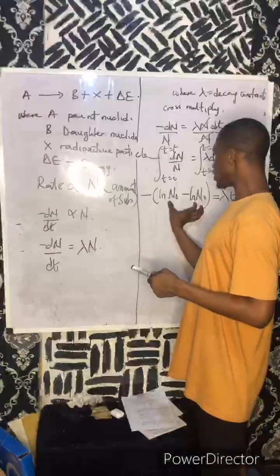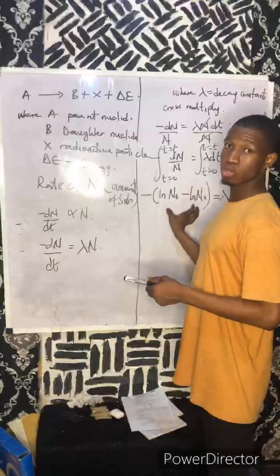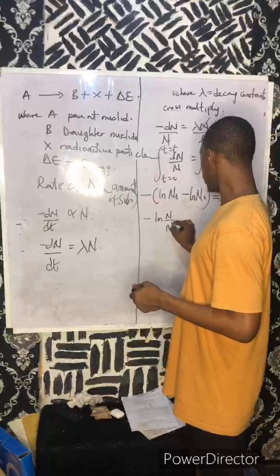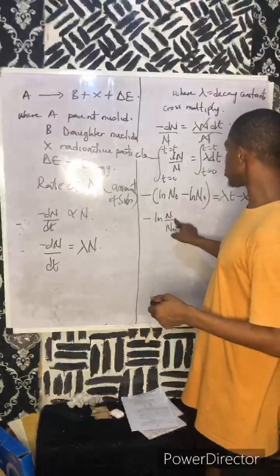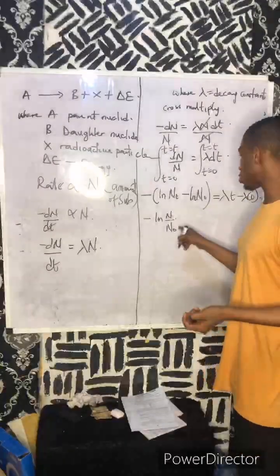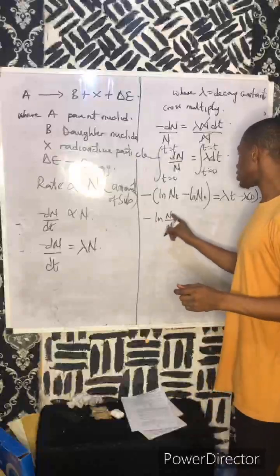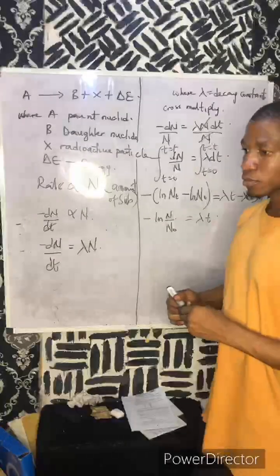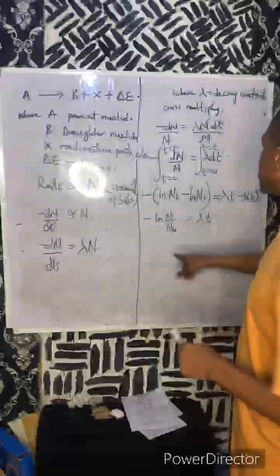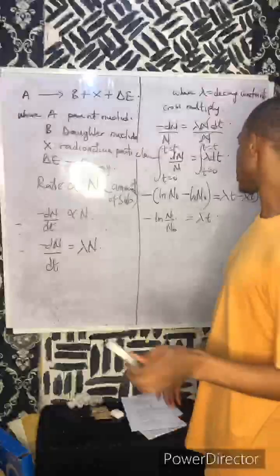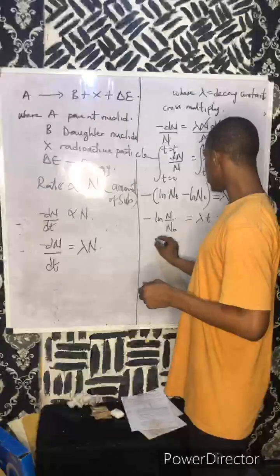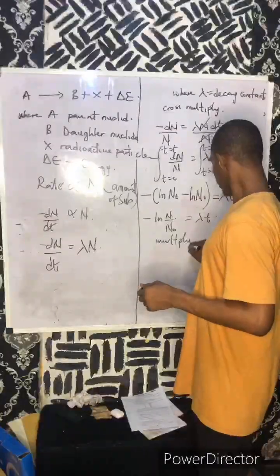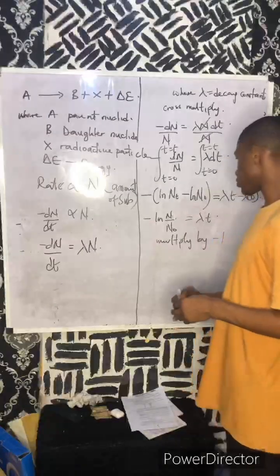Now I don't need to be writing two ln here, it's unnecessary. You can just use one. So by doing that, you say minus ln n over n naught. You can choose to put the nt, you can choose to remove it. So I'm removing it for now. So minus ln n over n naught is now equal to lambda t. The next thing I advise you to do is to eliminate the minus sign, please. Eliminating the minus sign means multiplying both sides by minus 1.